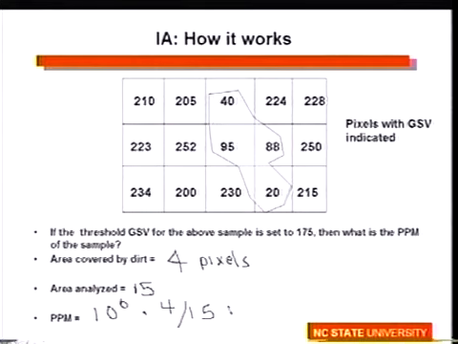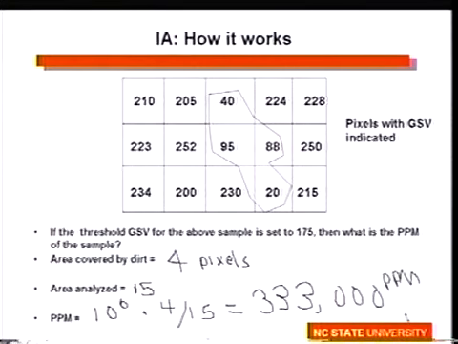So that's our fraction that's dirt. Well, if I had a calculator, I could get it right. But let's just say 4 divided by 15 is about 1/3. So basically, the ppm we're getting here is, as a rough estimate, about 1/3 of a million, 333,000 ppm.